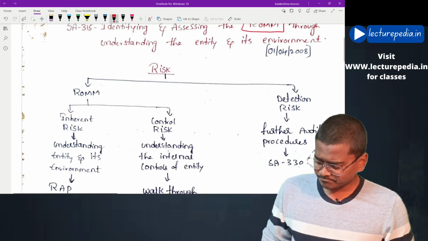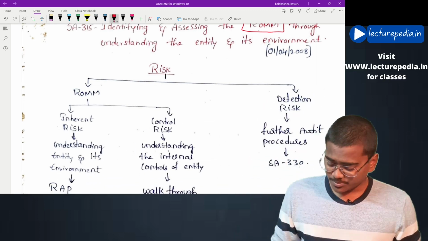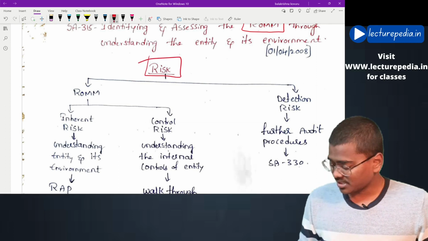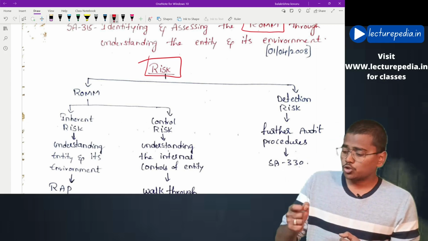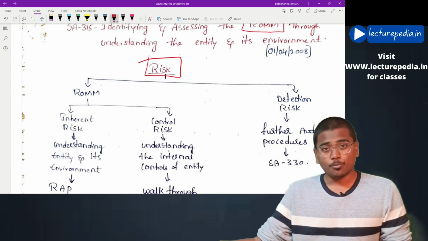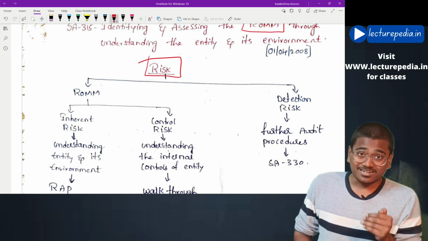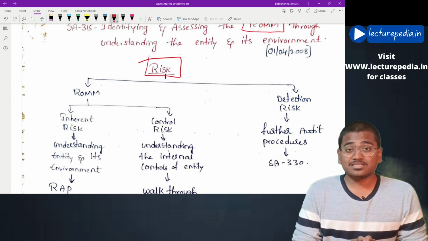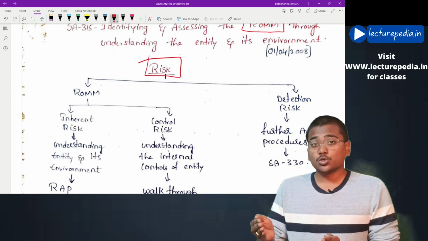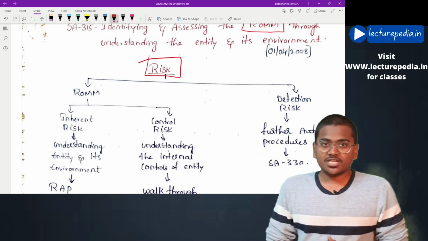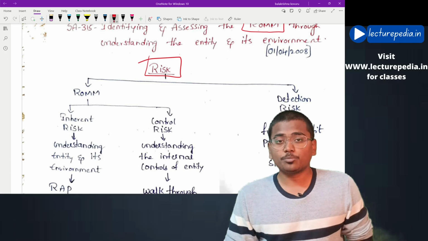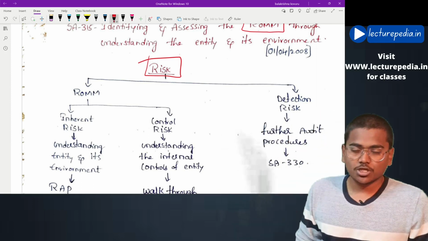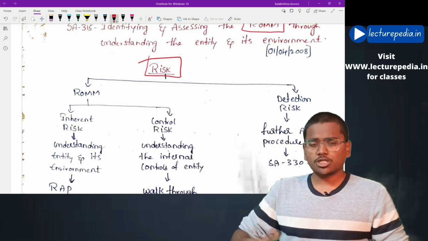Now, basically, what is meant by audit risk? See, the primary objective of the audit is to give appropriate audit opinion. Now, audit risk means the risk that the auditor might give inappropriate audit opinion. Inappropriate audit opinion means what type of opinion?